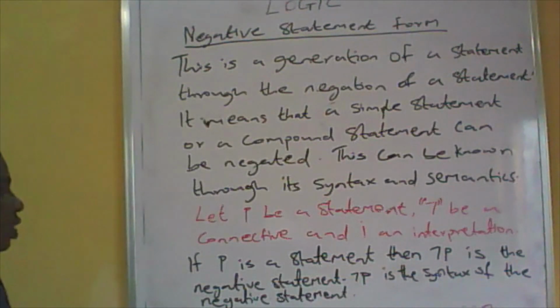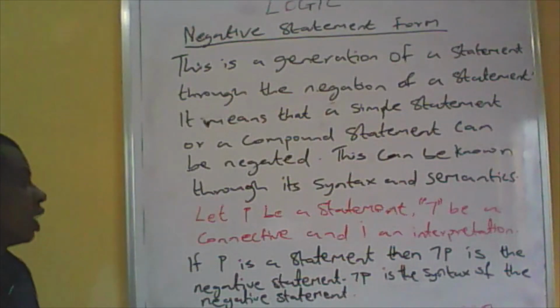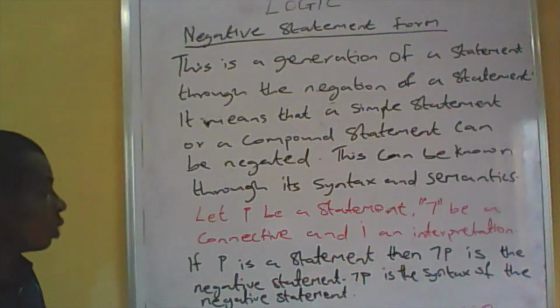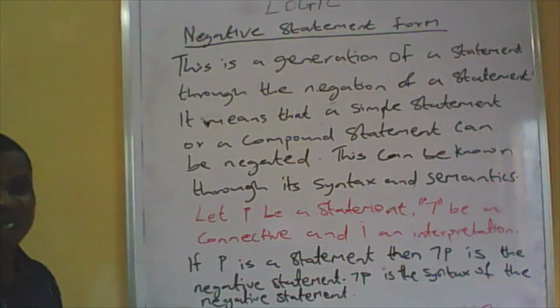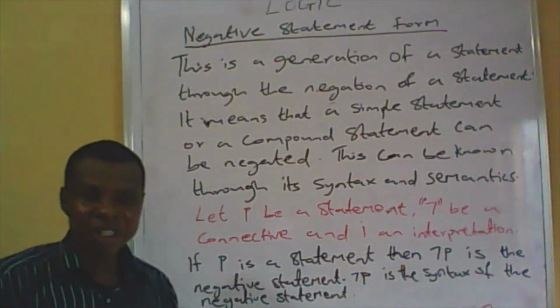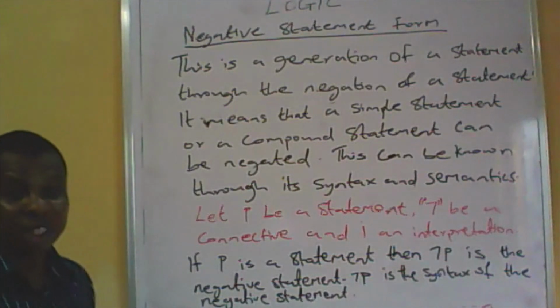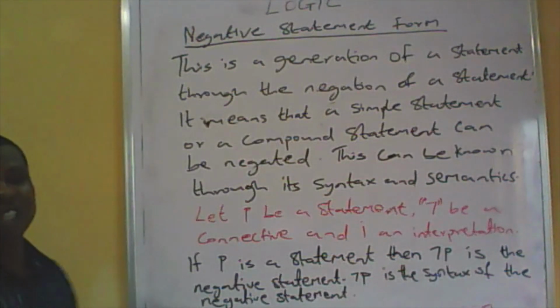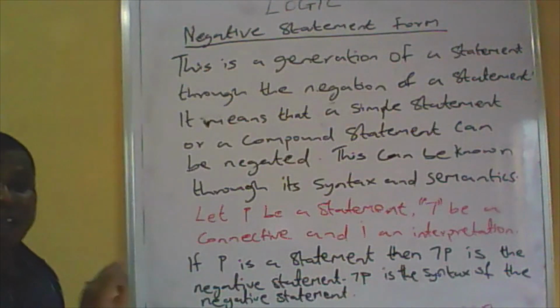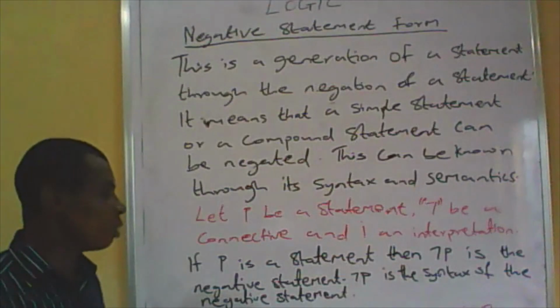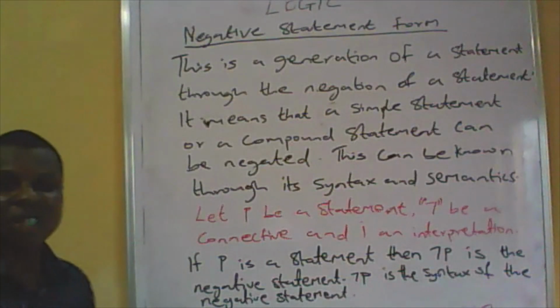We can know it when we see that P is a statement and we only have not P, so you can identify it as a negative statement. That is the syntax, the structure of that statement called negative statement. If P is a statement and we want to negate it, we write the not connective before the statement, and it becomes the negation of that statement.